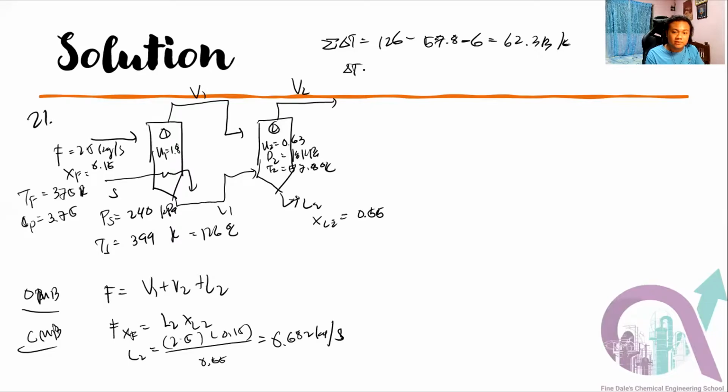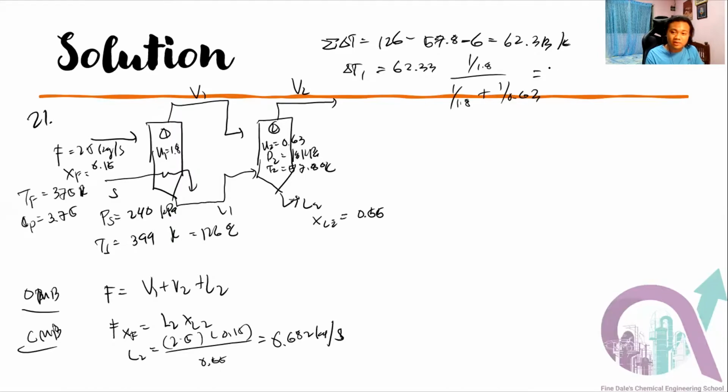So we have to get our T1. The T1 is equal to 62.33 times 1.8 plus 1 over 0.63. Well, you know the drill.